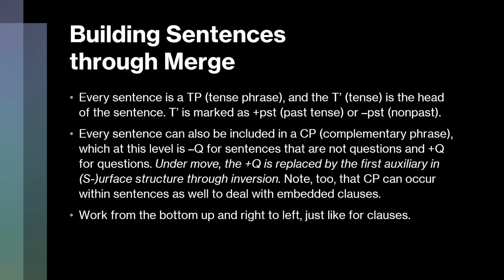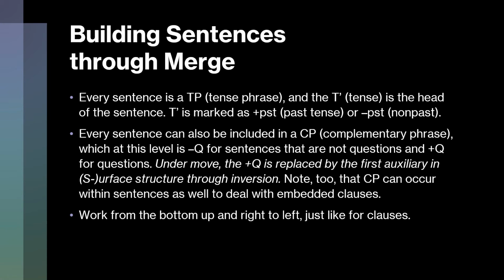That T head is marked as either past tense with plus PST or not past tense with a minus PST. So non-past includes our present and our future tense words and related modals.